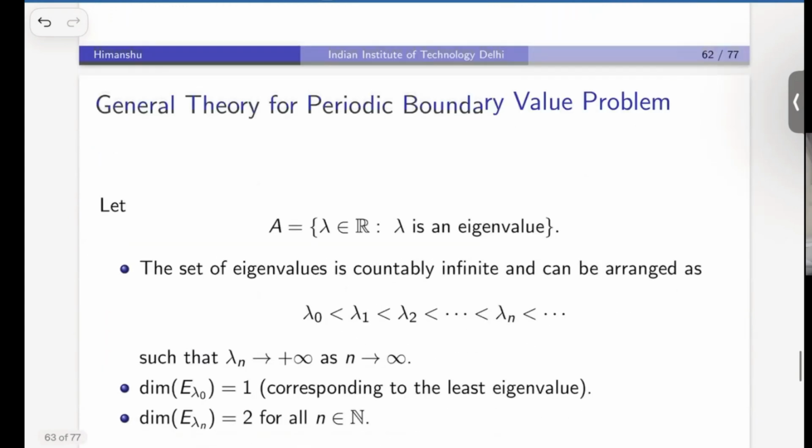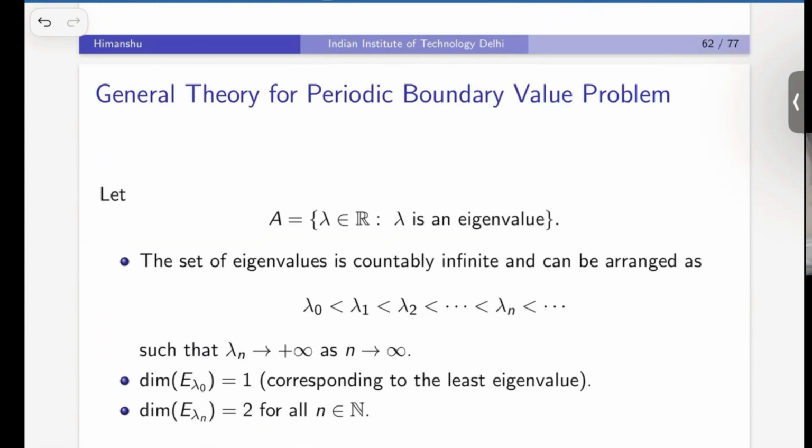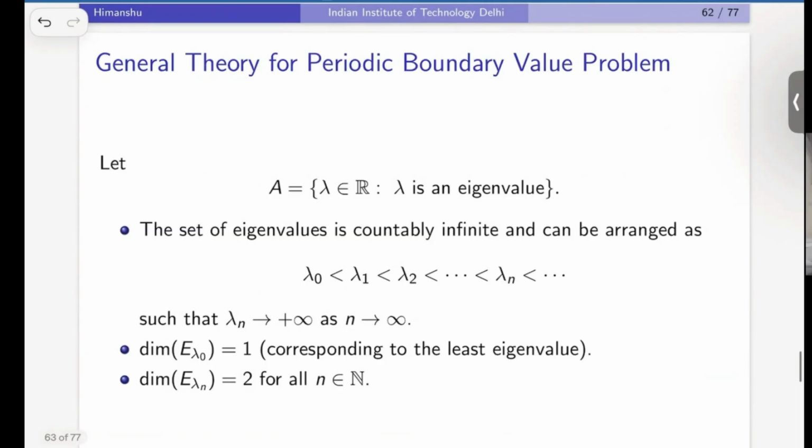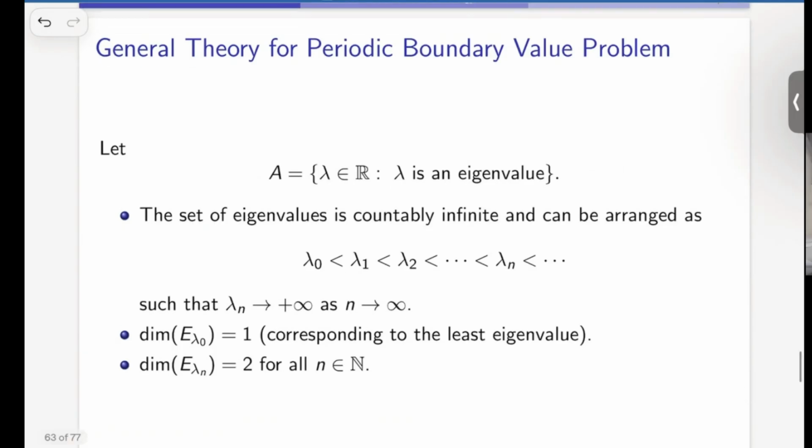Now what can we say about the general theory for the periodic boundary value problem? Again, let's say we have the set A. Our set of eigenvalues is countably infinite. It can be arranged in increasing order, and the eigenvalues tend to infinity as n tends to infinity.